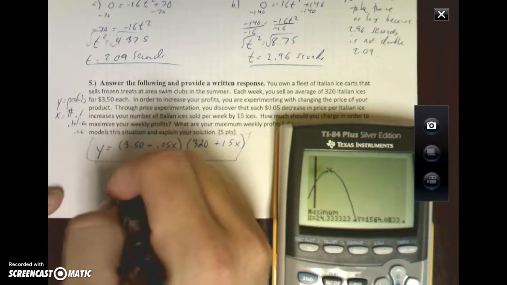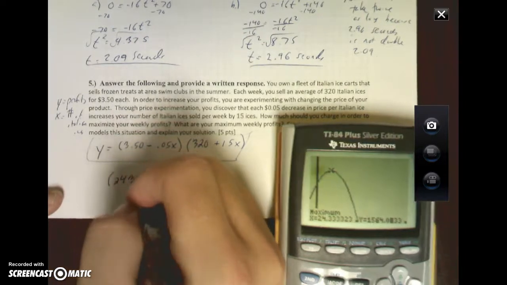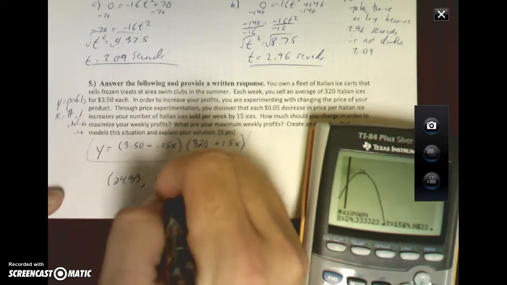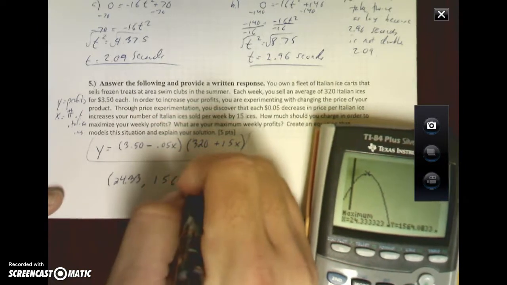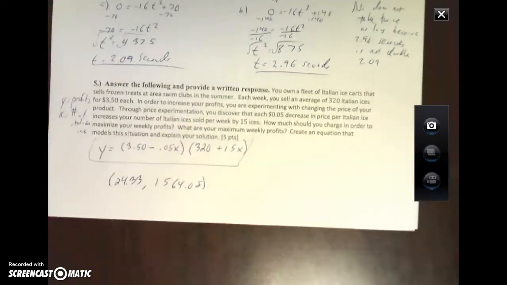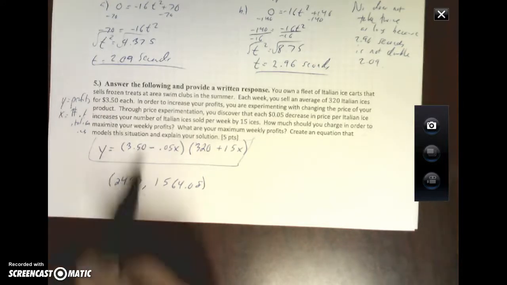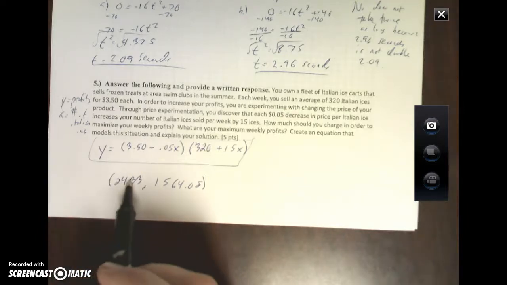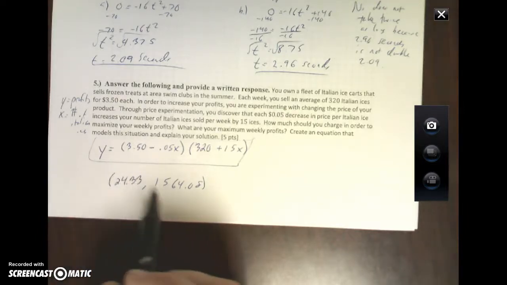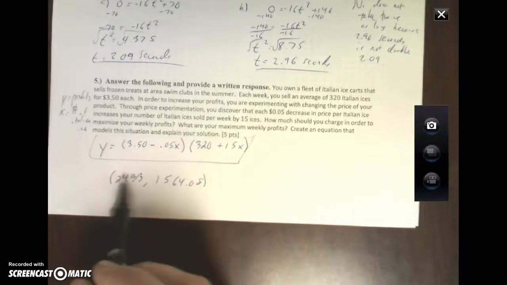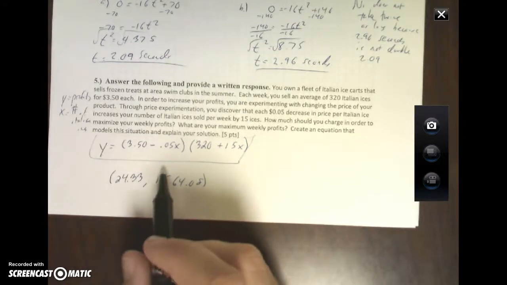X is 24.33, comma, 1564.08. Now let's just examine what this is. How much should you charge in order to model the situation and explain your solution? According to this, if my X is 24.33, then I'm going to have the maximum amount of profit. Let's take a look real quick.